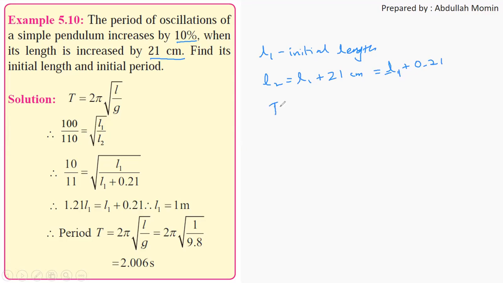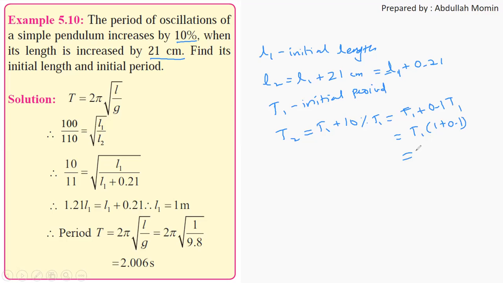Suppose T1 is the initial time period, so the final period increases by 10% of T1. So T1 plus 0.1 T1, that is 1.1 T1, which is T2.